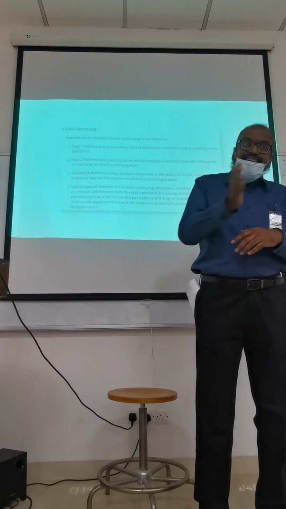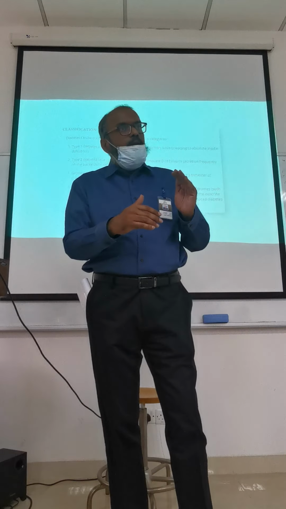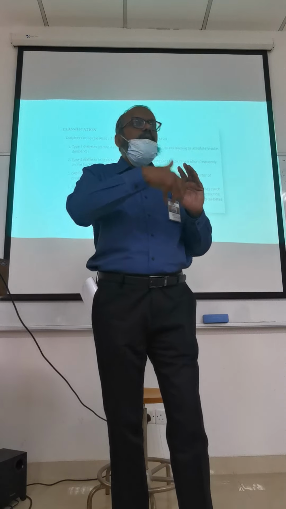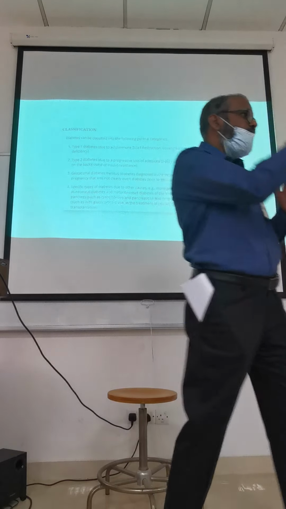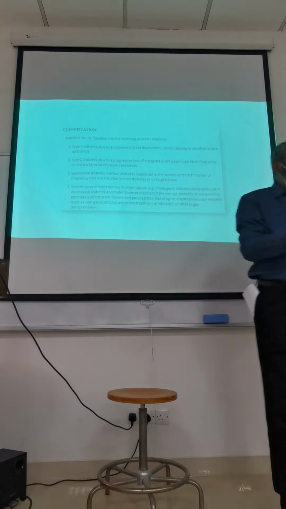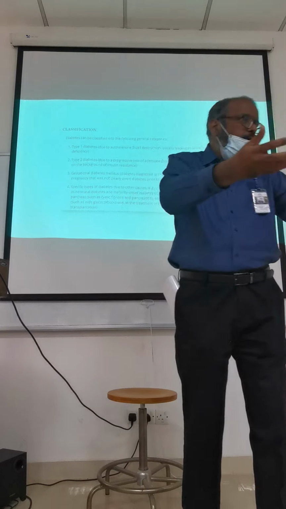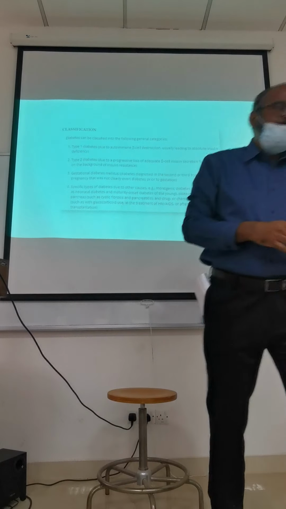So there are grades of changes. We are not going to talk about it now, right? Similarly, for the kidney, there are levels of damage, early damage, late damage, like that.